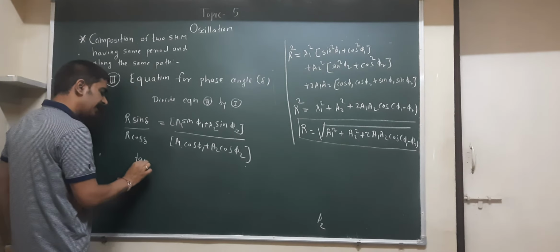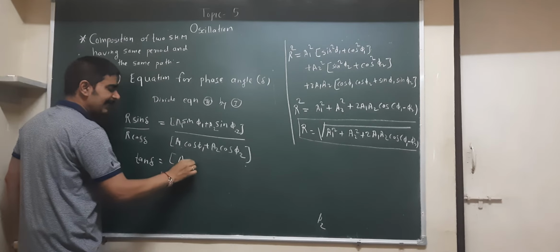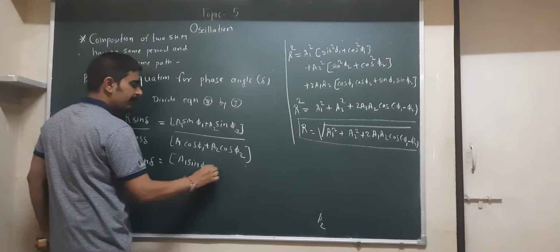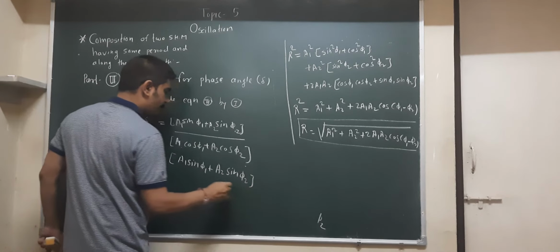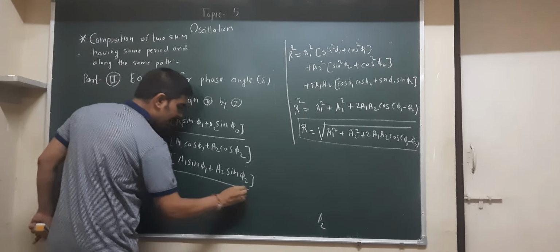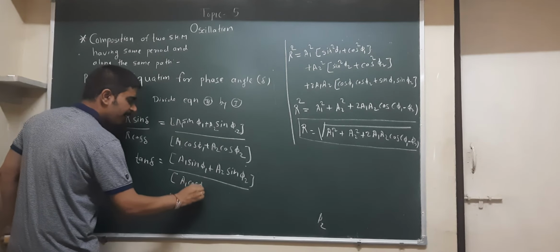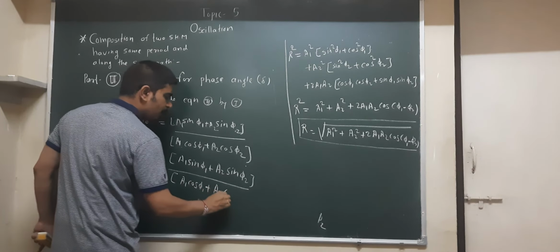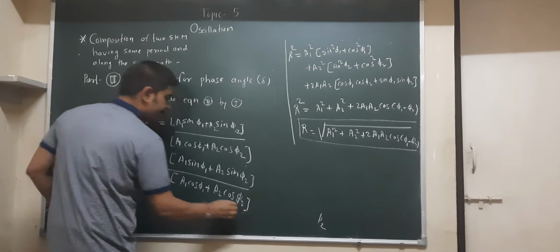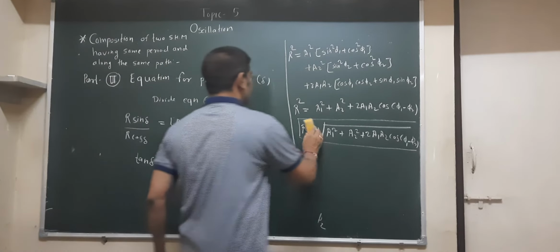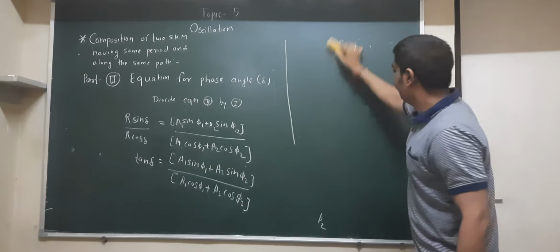So tan delta is equal to (a1 sin phi 1 plus a2 sin phi 2) upon (a1 cos phi 1 plus a2 cos phi 2). And if we take the inverse here, then we can get the value of delta.